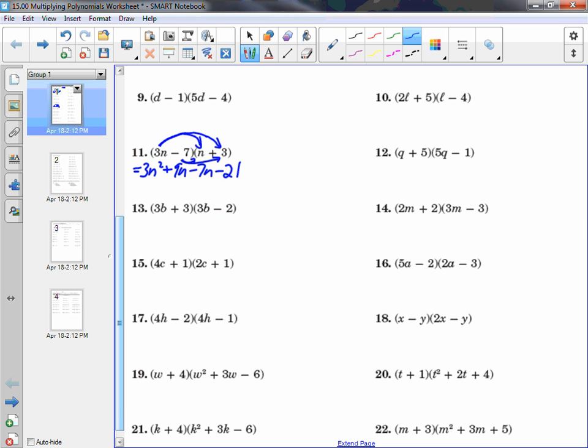Even though most calculators have a negative sign instead of a minus sign when you do negative on a number, in the real world, minus signs and negative signs are the same thing, because that minus 7 just means plus negative 7, okay? So what do we got? Well, we've got the 3n squared, and then 9n, a positive 9n and a negative 7n gives us a positive 2n, and then we have negative 21.